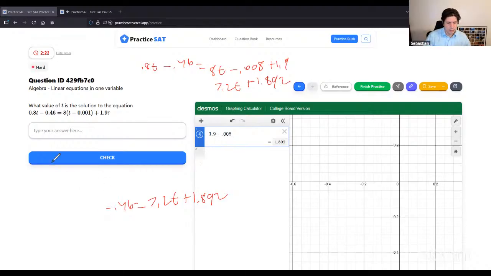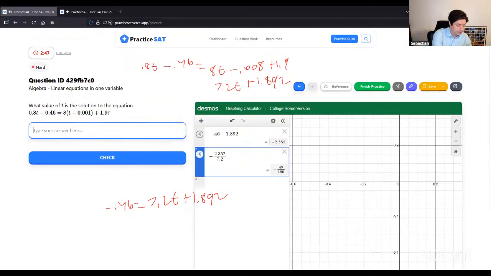And I will get, let me see, negative 0.46 minus 1.892, negative 2.352. Okay, so I'm going to do negative 2.352 divided by 7.2. Let's make that into a fraction. Negative 49 over 150.